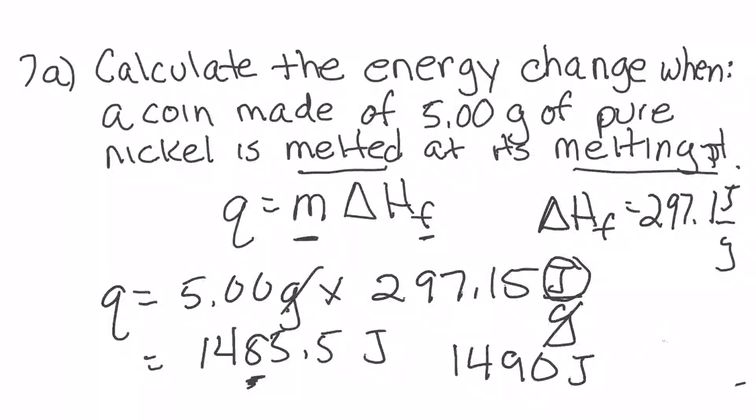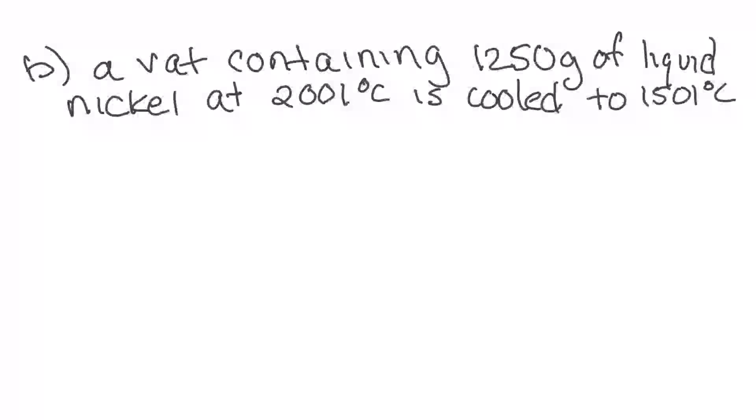Or if you want to, you can report that in kilojoules, which is divided by 1,000, and I get 1.49 kilojoules. Okay, so there we have our answer. We picked the right equation, we plugged in our numbers, we solved it, and we put it in the right sig figs. So let's try B of that problem.